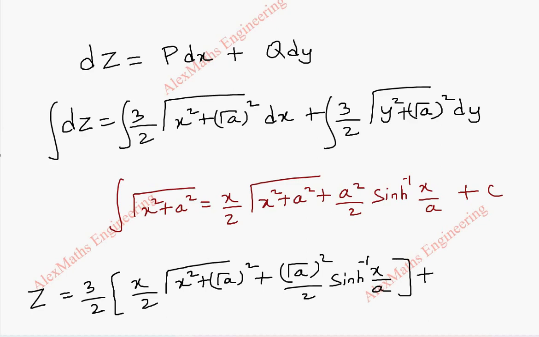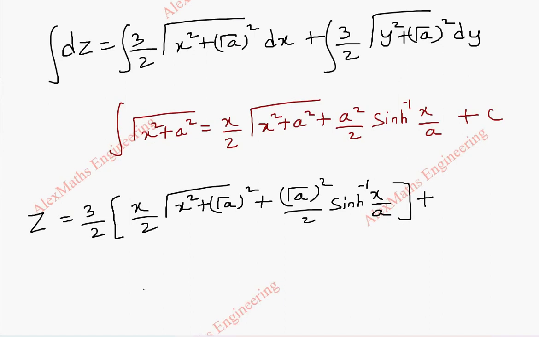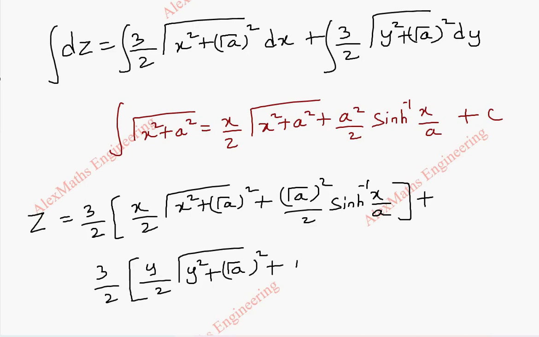And coming to the second term, everything is in y. So this is again 3 by 2, y by 2 root y square plus root a whole square plus root a whole square by 2 sinh inverse y by a plus c.